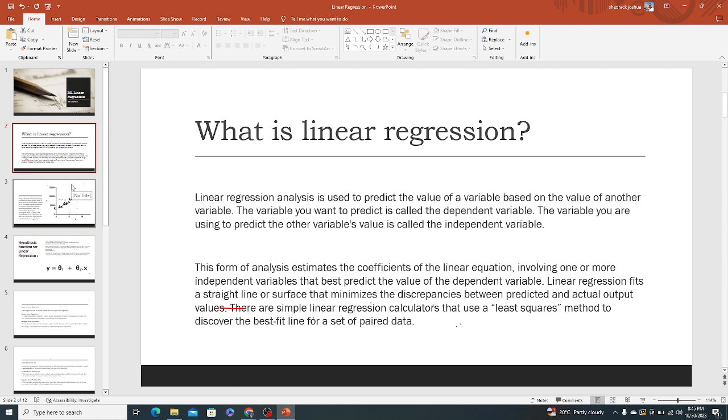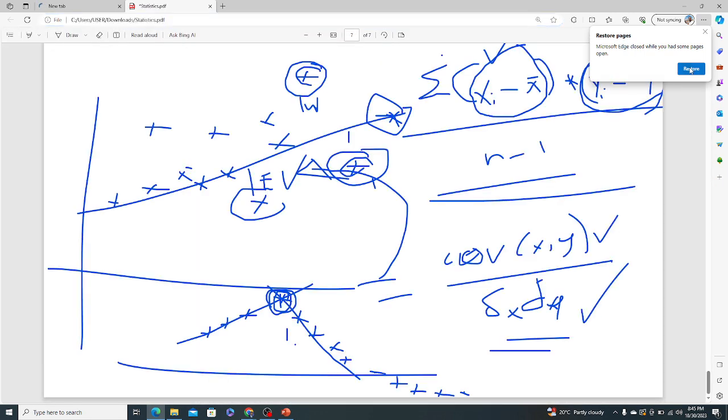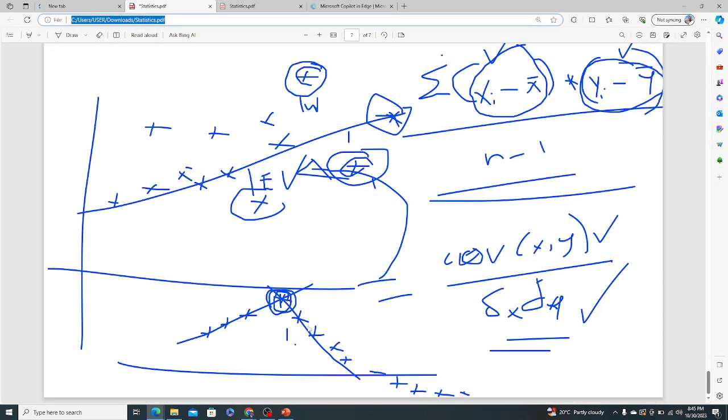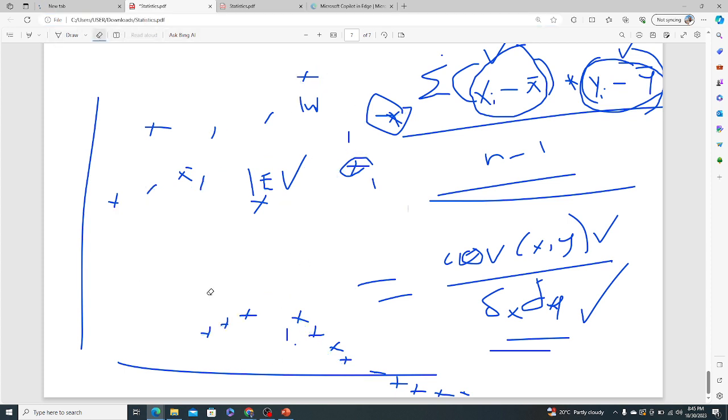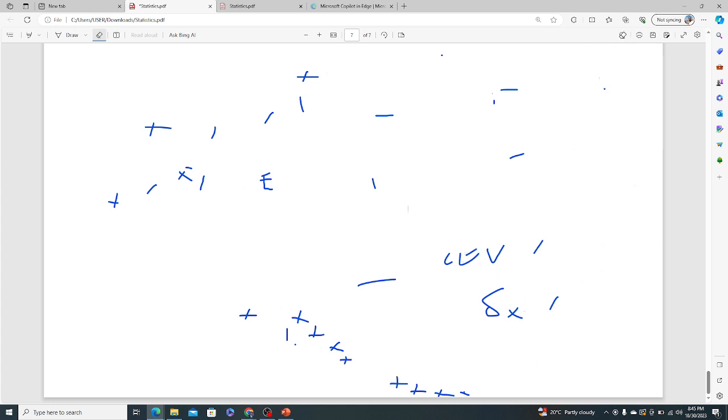Also, we saw another constant which is the y-intercept. Yes, correct, it is the y-intercept. And if you remember, for the y-intercept, we said it might be a positive intercept or a negative intercept.